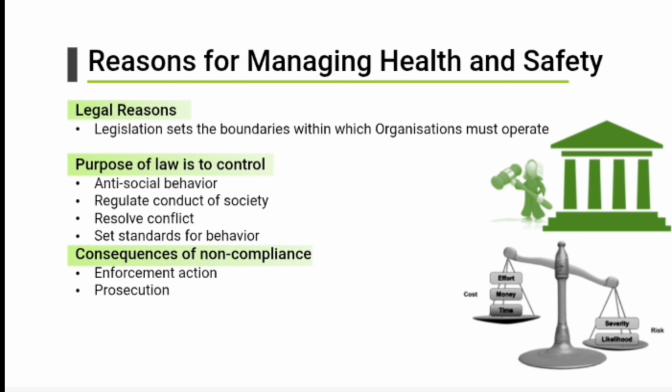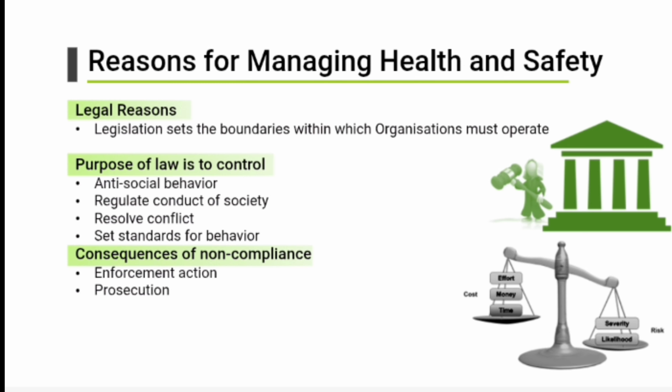It is essential for organizations to understand and comply with the relevant health and safety legislation applicable to their industry and location. By doing so, they demonstrate their commitment to operating within the legal framework and ensuring the safety and well-being of their employees.